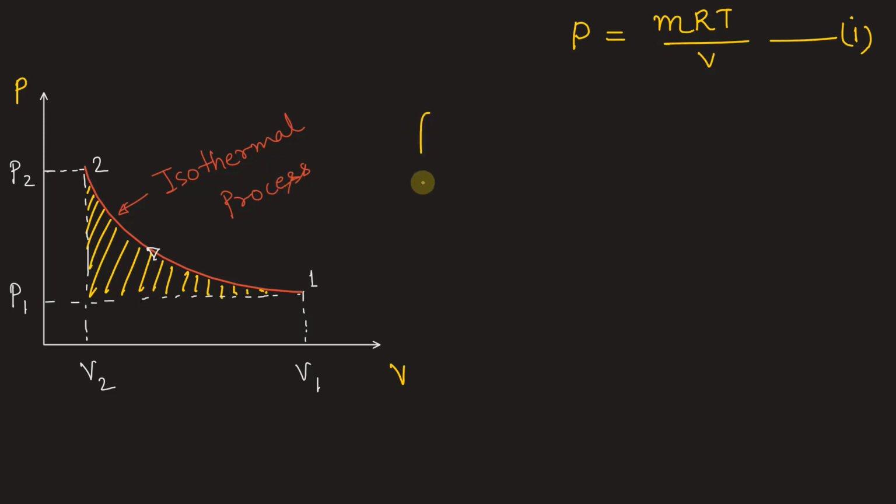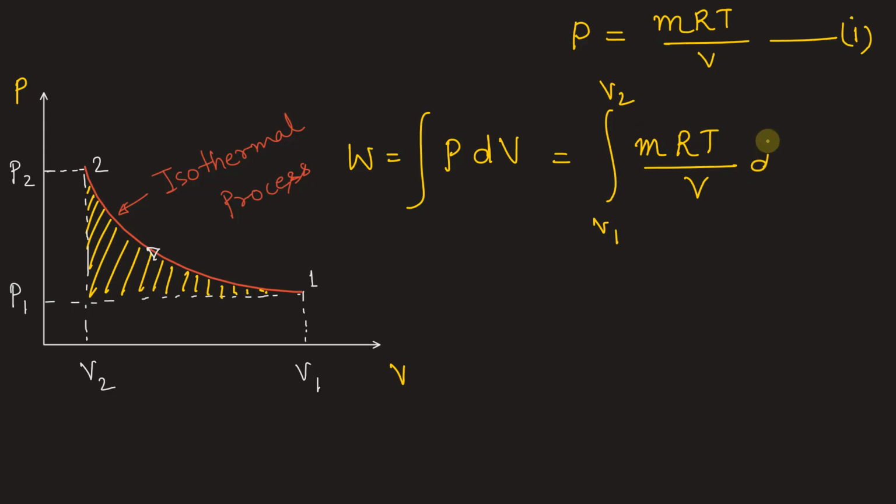Now the work done can be written as W is equal to integral P dV, which in this case we can write from V1 to V2. Now here we'll write pressure as the function of volume. So we have already written from equation number 1, we can write mRT by V dV.